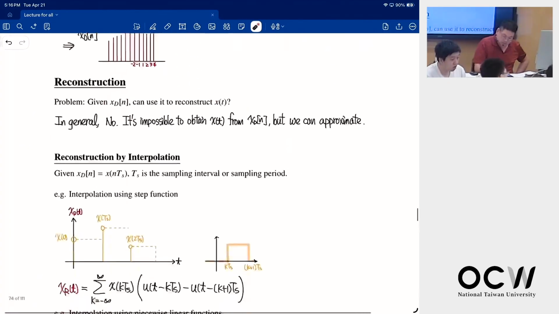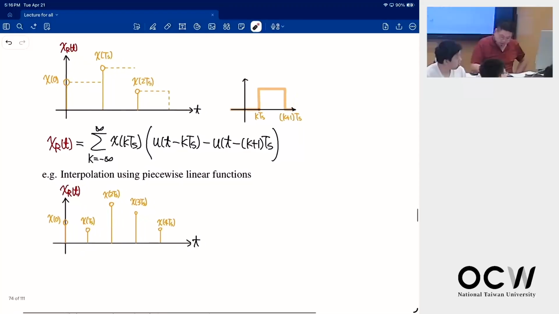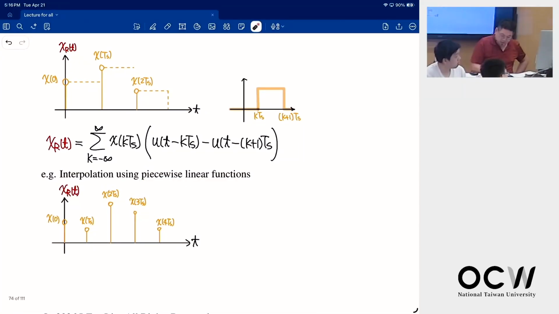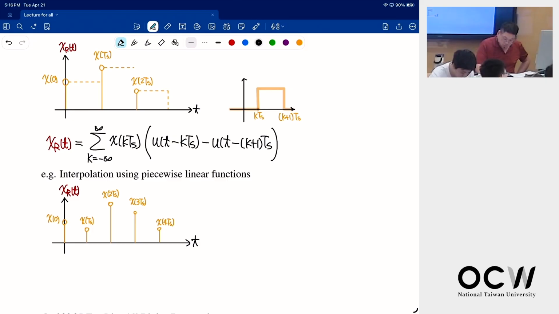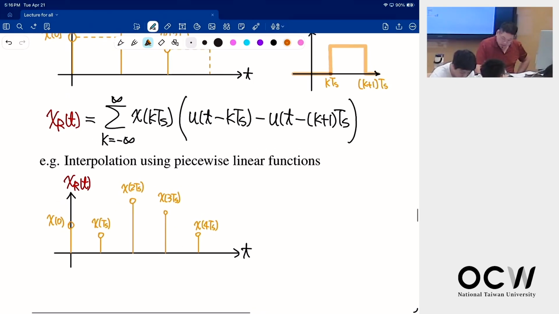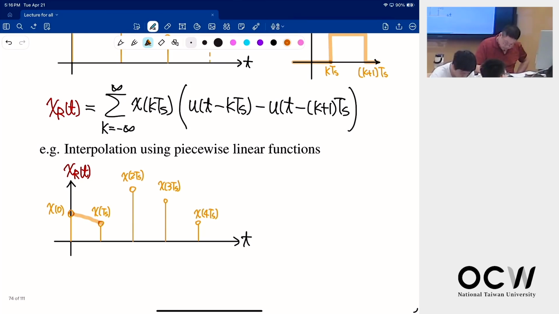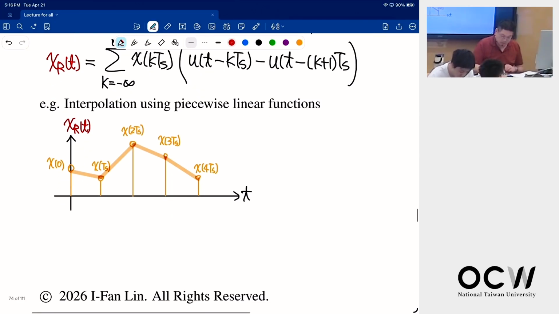So if I connect linearly, then we use piecewise linear functions, which means I can connect 2 points linearly. In this case, your signal is here.